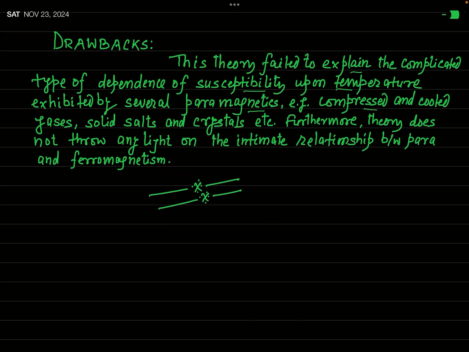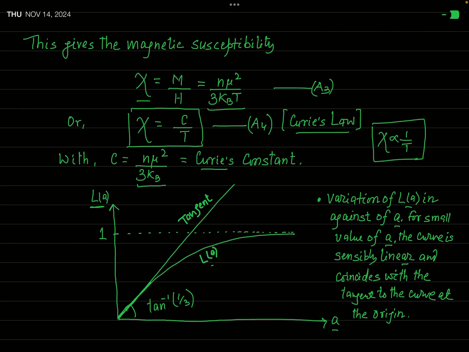For example, compressed and cooled gases, solid salts and crystals, etc. It means according to Langevin theory, the magnetic susceptibility has a very simple relation with temperature T. It is just inversely proportional to T, which is called Curie's law.